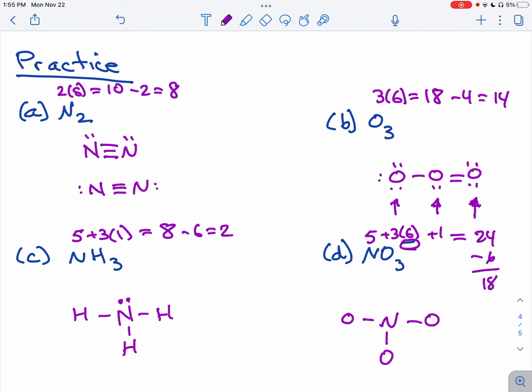So 18 electrons, 2, 4, 6, 8, 10, 12, 14, 16, 18. Everyone reaches the octet rule except for the right hand oxygen. So we're going to scribble these and bring that in here. All right, there you go.